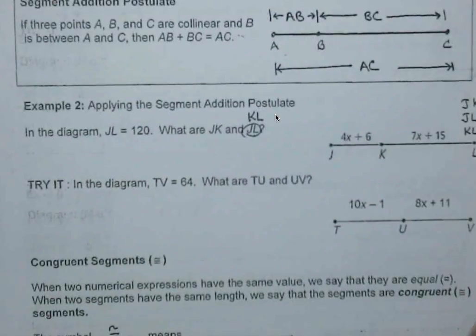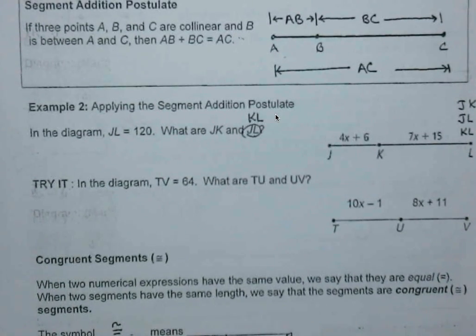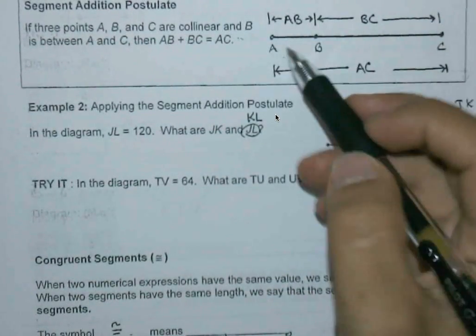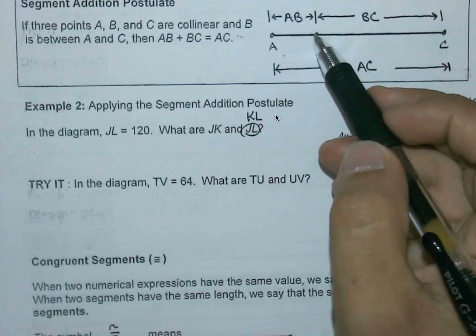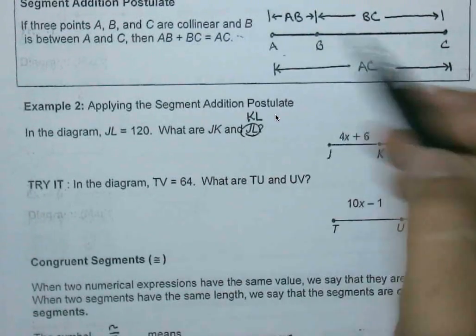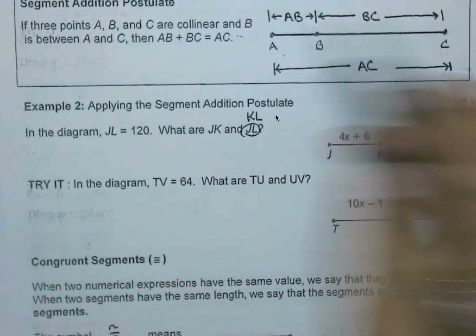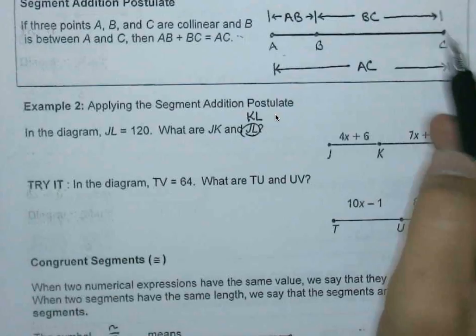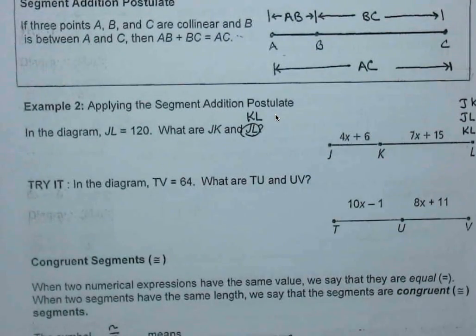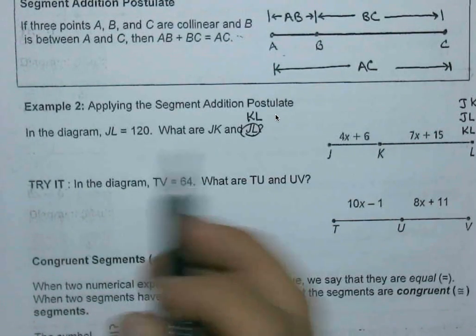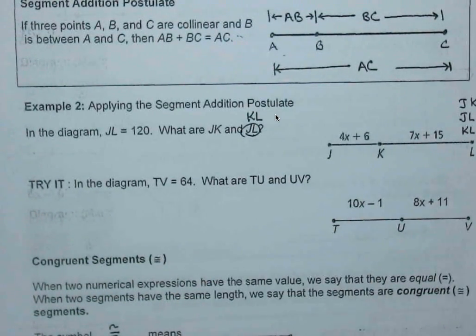Segment addition allows us to take segments with different endpoints and just add them together. This is saying that if we had the segment from A to B and we added on B to C, so from here to here, that would be rewritten as AC because now we have two endpoints, one A, one C. Using this with algebra, in the diagram, JL is 120. What are JK and KL going to be?